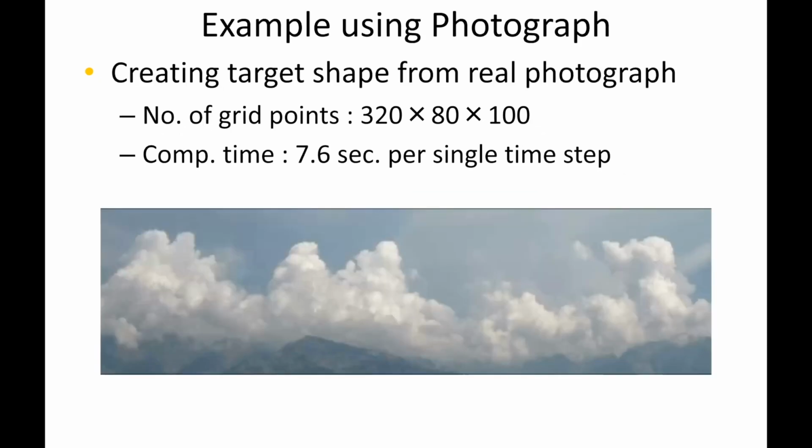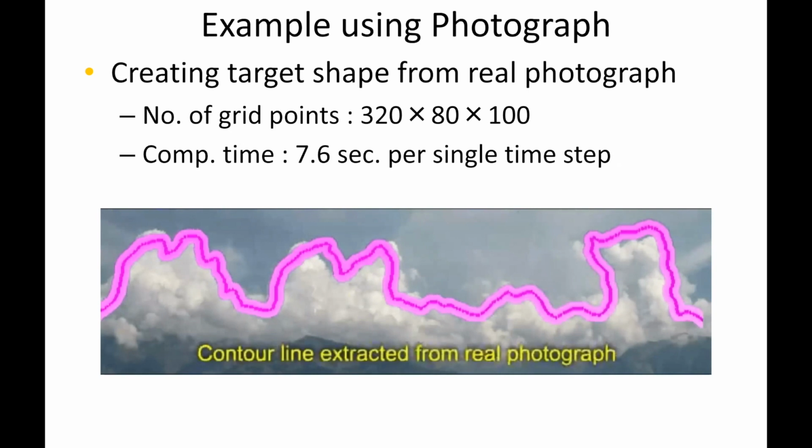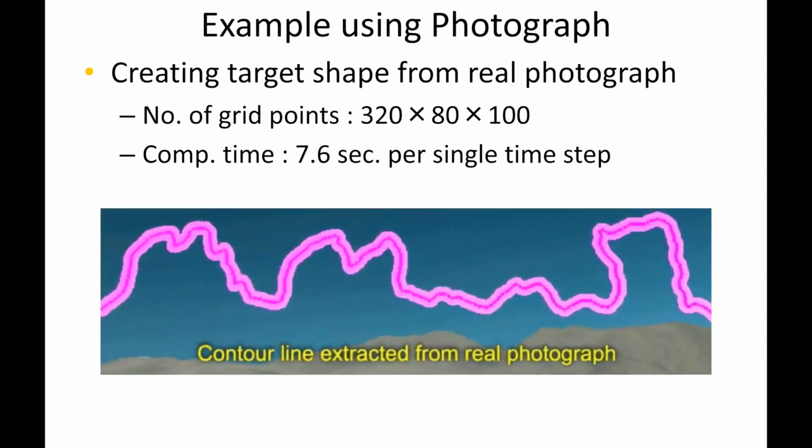Next one, in this case, we use a photograph to control the simulation. This is the photograph of real clouds, and we manually extract the contour line of these clouds and use the extracted contour line to control the simulation. This is the extracted contour line.